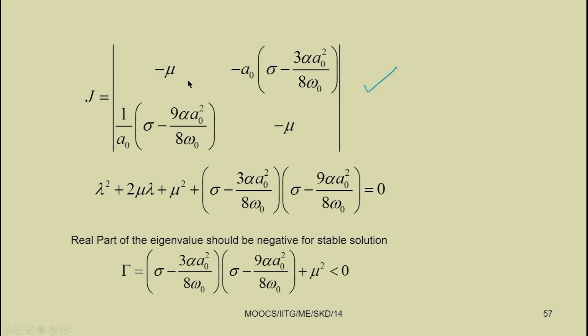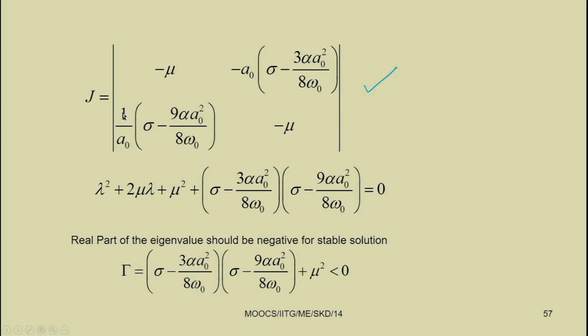So, Jacobian J equal to minus mu, minus A0 into sigma minus 3 alpha A0 square by 8 omega 0.